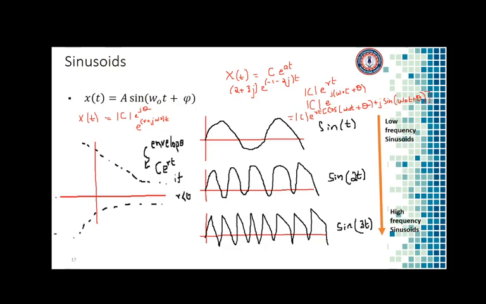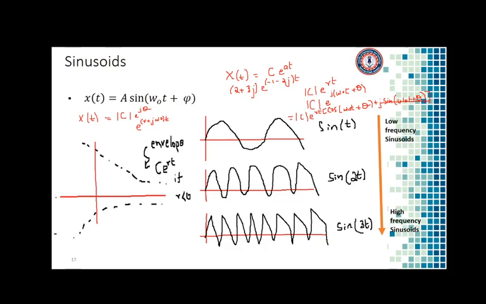So what I can see here is that if I forget about the j term for a while, the real part is the cosine multiplied by this exponential function, and the imaginary part is similar.